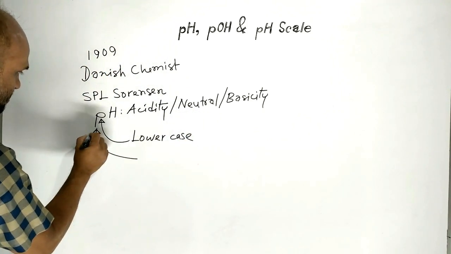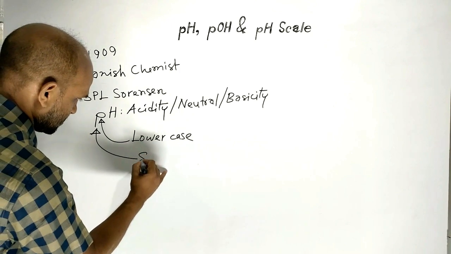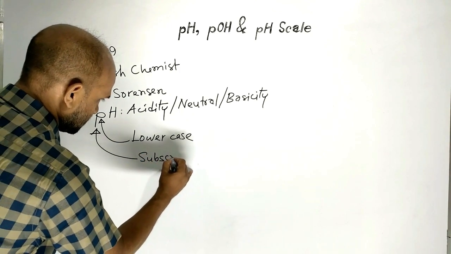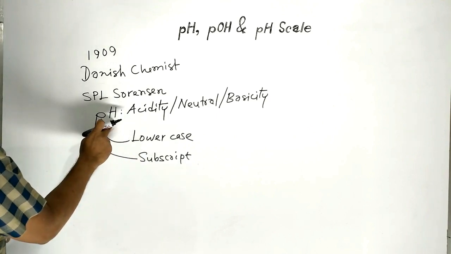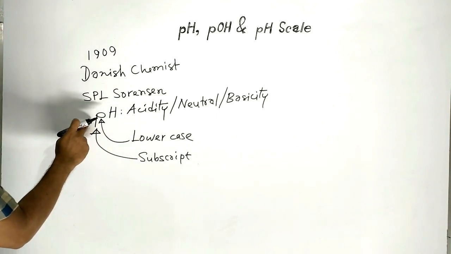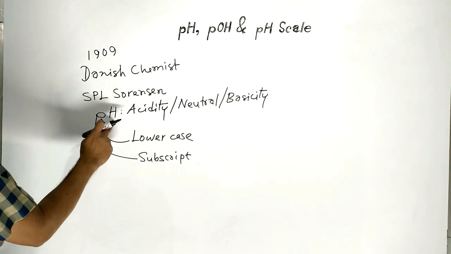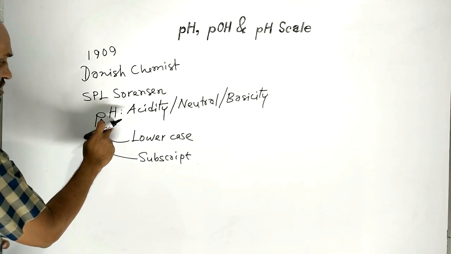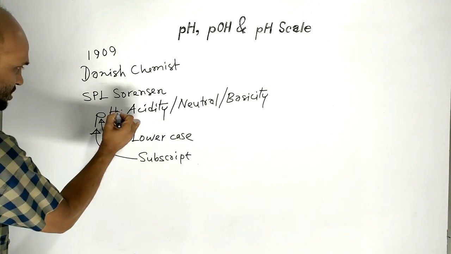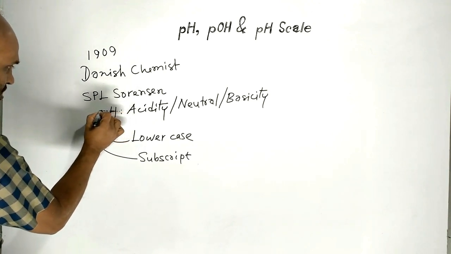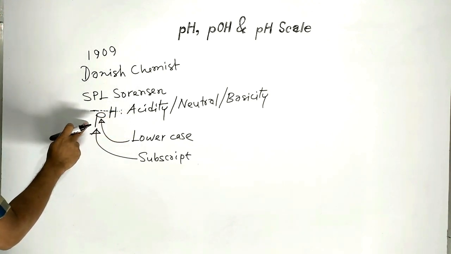Again, this is subscript of hydrogen. Here, p is subscript of hydrogen, not that hydrogen is power of p. p is written under the baseline.